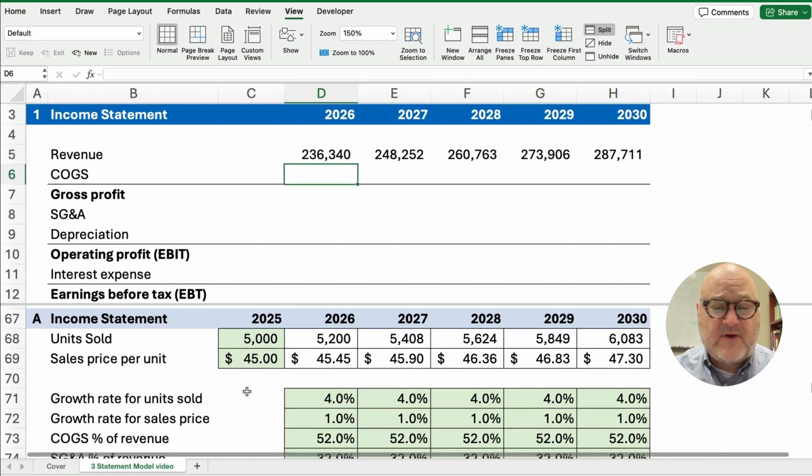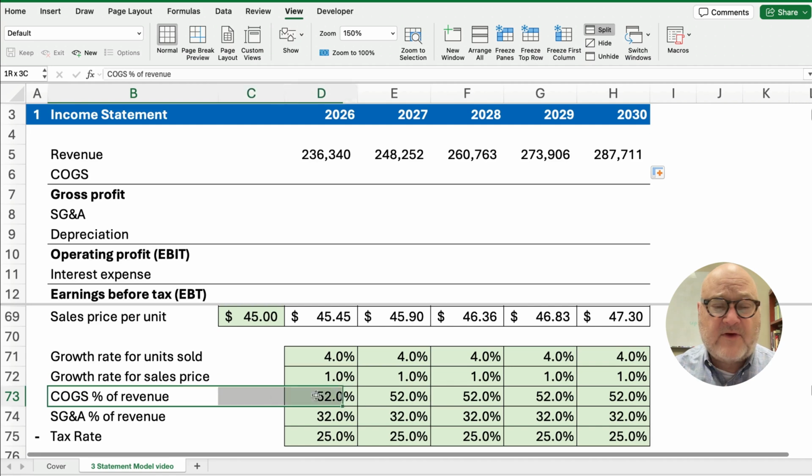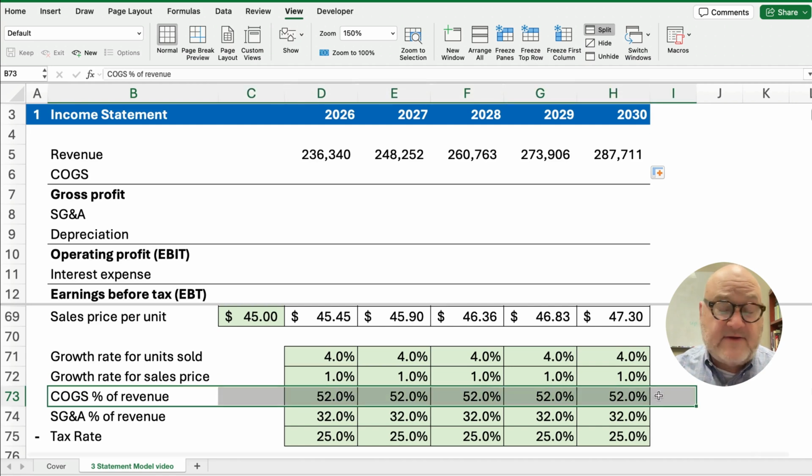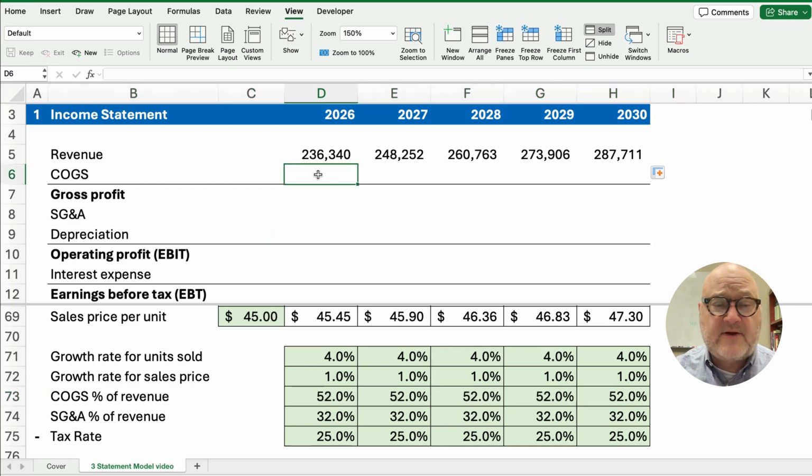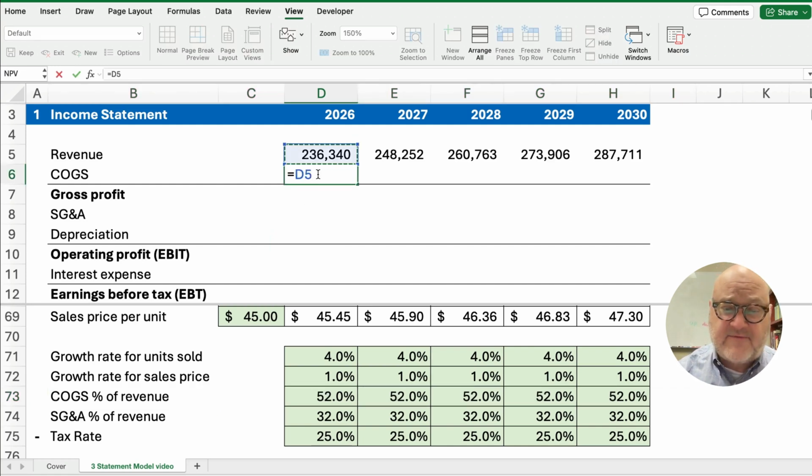Now, cost of goods sold, I've got a rule for that. Cost of goods sold, we want it to be, in this case, 52% of revenue. Now, we would love that number to be lower. 48% would be better than 52. But we'll just build a model based on the 52%, and you can change your percentages later. In fact, I encourage you, change those percentages and see what happens to your net income and your cash and things like that.